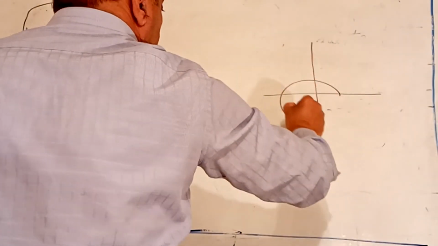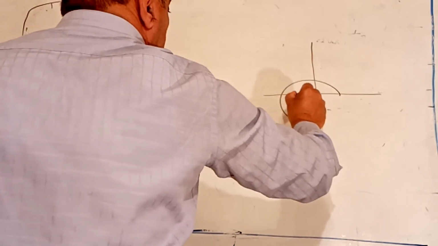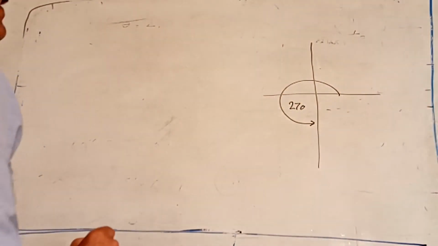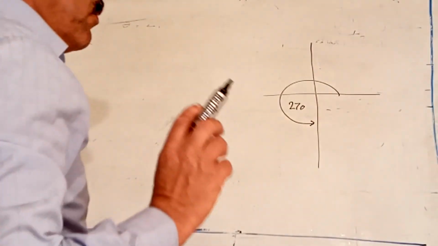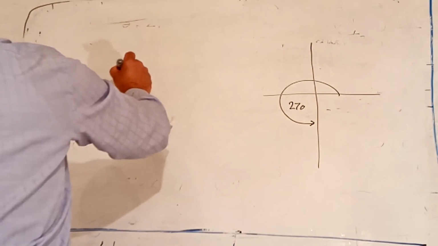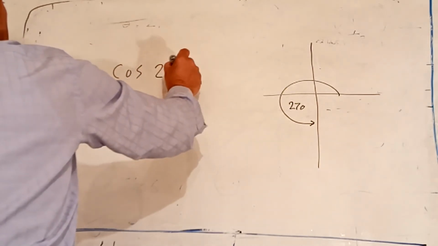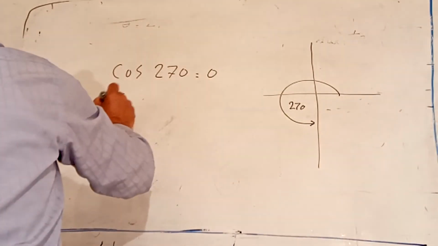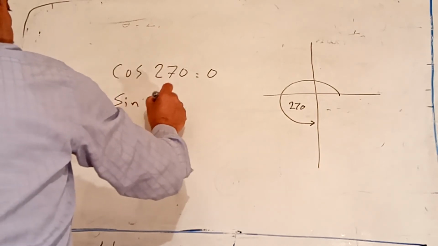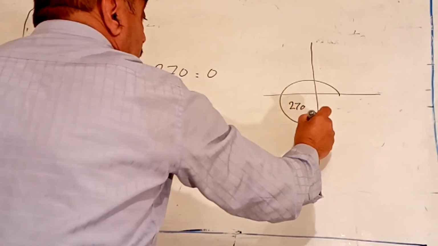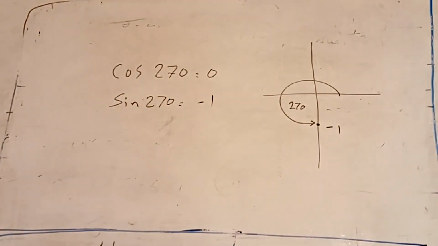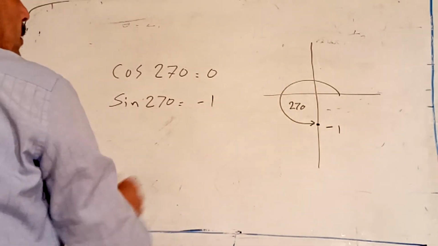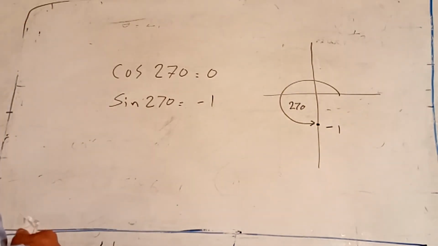This is 270. We can see that we have no x-axis, 0. So we can say that cosine 270 equals 0. But sine 270 goes to minus 1. Sine 270 equal minus 1. Go further, go more than 270, get into the fourth quarter. Take a look at this before I erase, please.